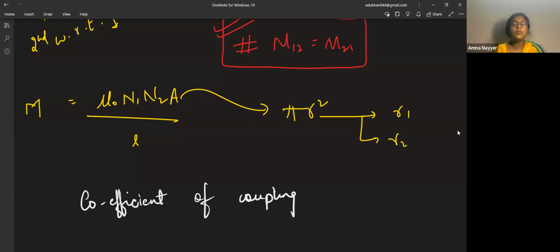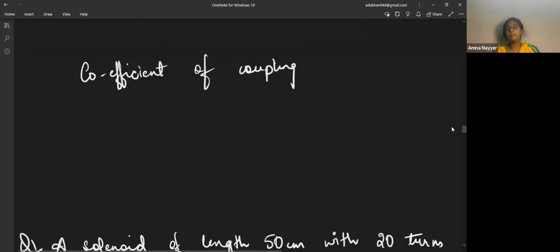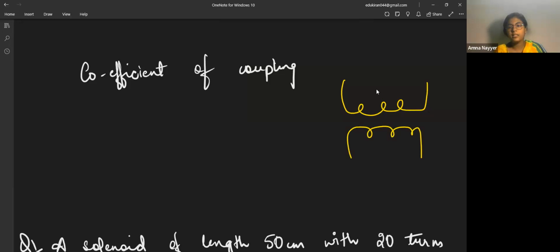Now, coefficient of coupling is just that. You have to remember coefficient of coupling. See, this is just a constant. It does not have any physical meaning or any significance. There is only one significance, which means if two coils are present, fine, so mutual induction is existing between them, right?